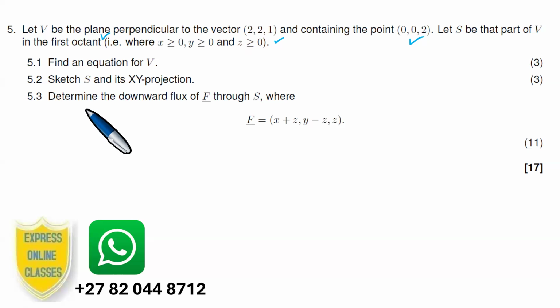There are a couple of things that we need to take into account in terms of how we find an equation for V, the plane.